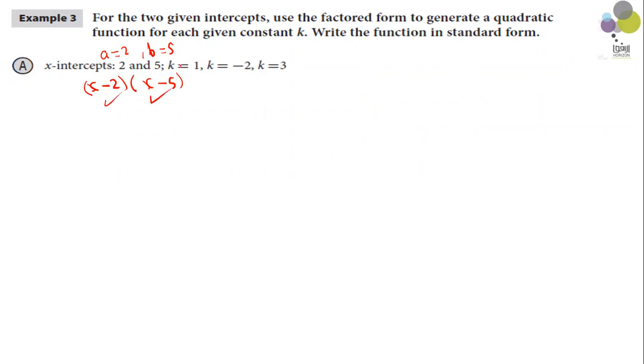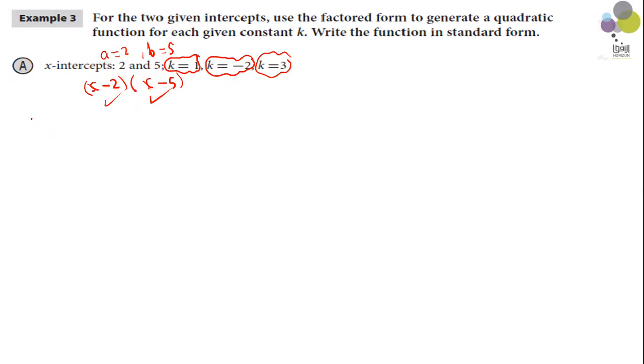Okay, now I will write three quadratic equations: if k equals 1, if k equals negative 2, if k equals 3, by using the same linear factors.